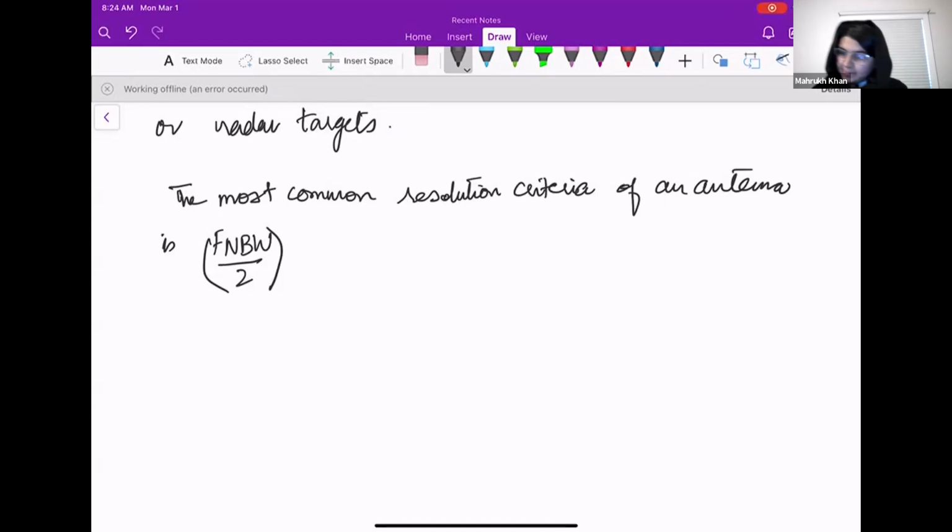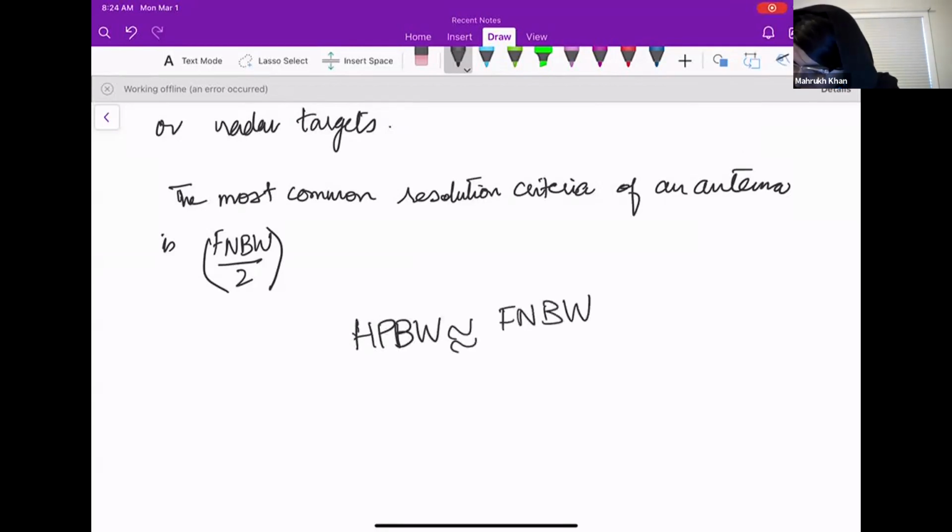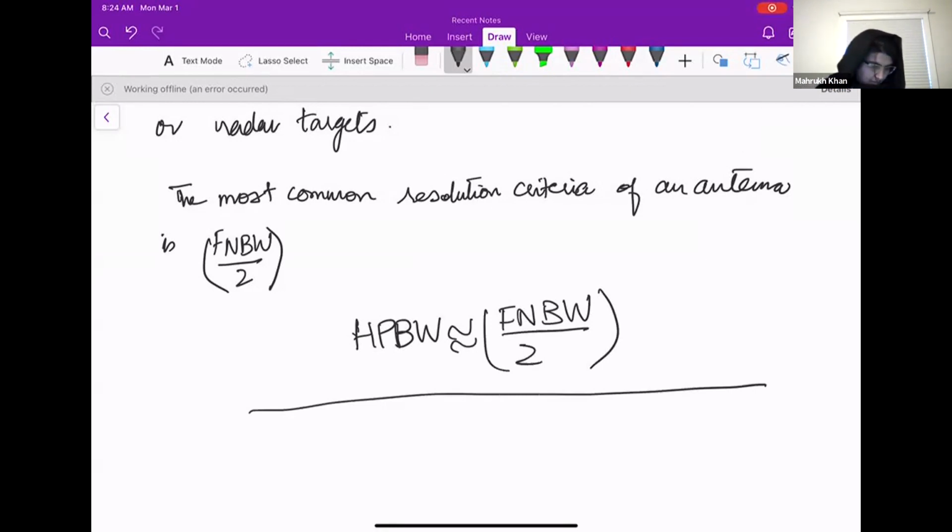Okay, let's see. One more thing I just want to mention: we are saying that half power beam width is normally equal to first null beam width by 2, approximately. Okay, so now I will do an example.